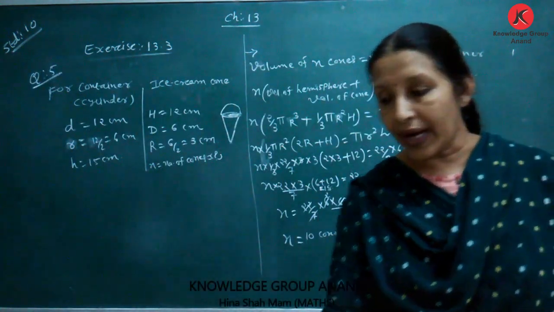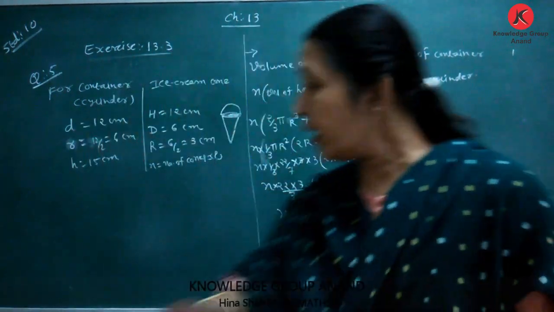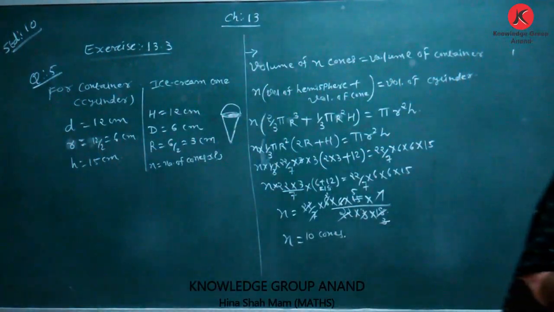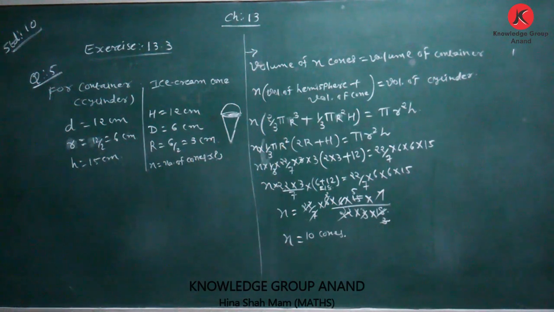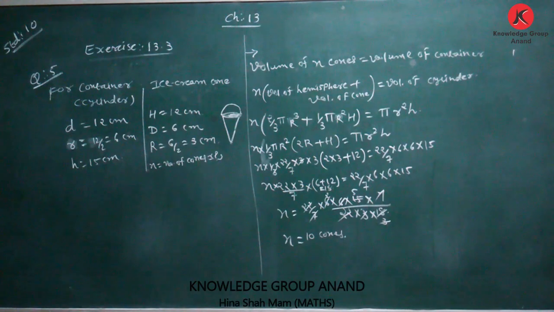Question number 5. Again a question. A container shaped like a right circular cylinder having diameter 12 centimeter and height 15 centimeter is full of ice cream.